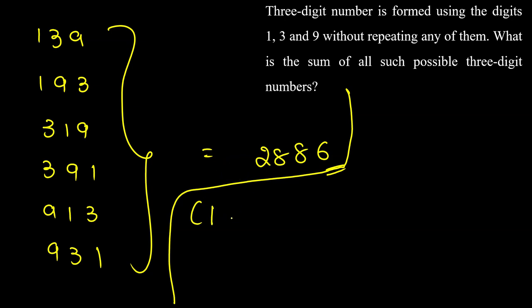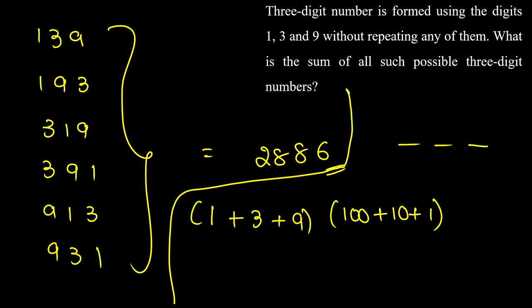Either 1 or 3 or 9 is occupying the hundreds place or tens place or ones place. Among these three slots, hundreds place, tens place, units place, 1 or 3 or 9 can occupy the hundreds place or tens place or ones place.